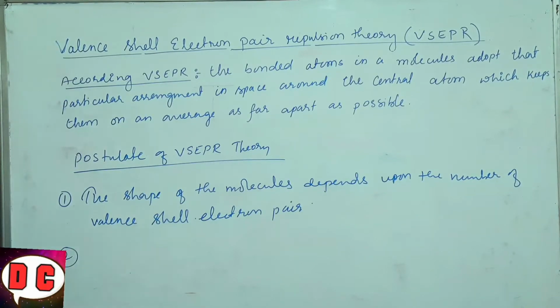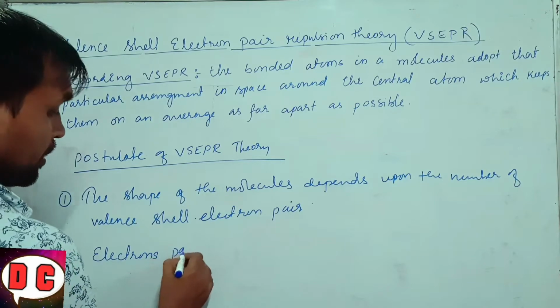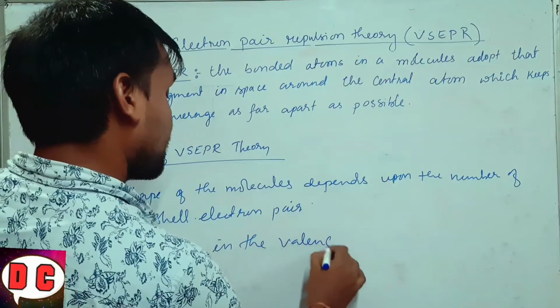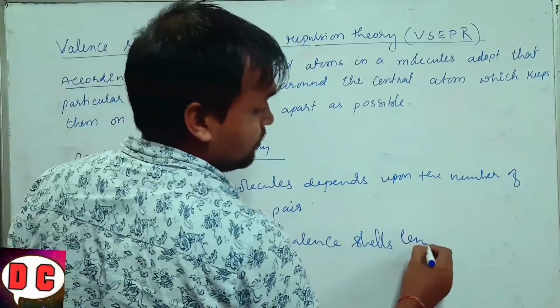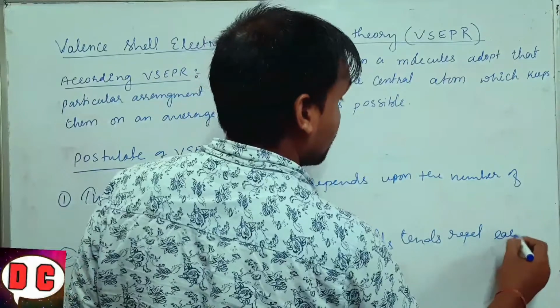The second postulate is that electron pairs in the valence shell tend to repel each other.